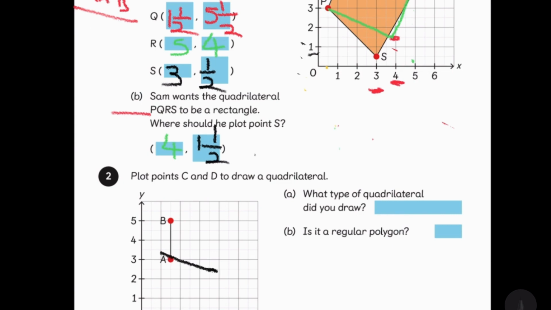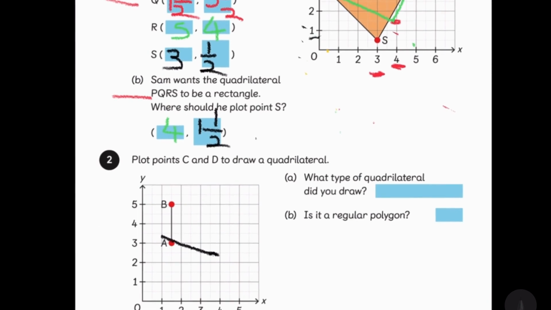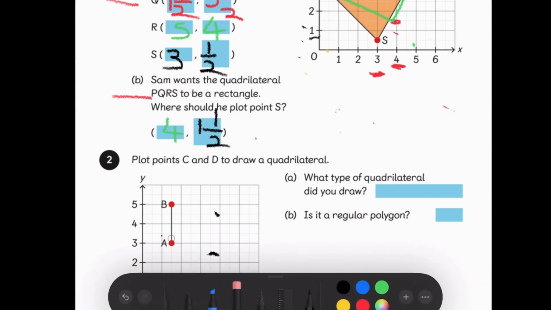So let me start with C first. We'll go one at a time. Let me not confuse you. For my C point, I will take this coordinate between 4 and 5. I think that sounds better. And on my x-axis, that will be 4.